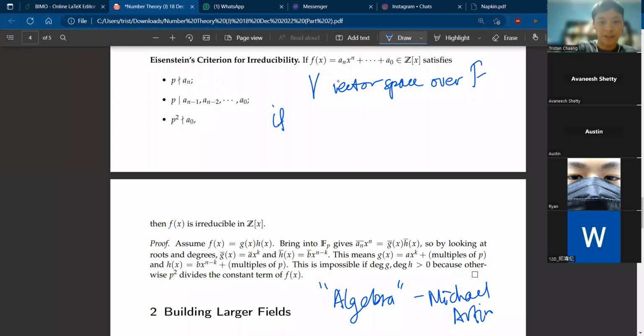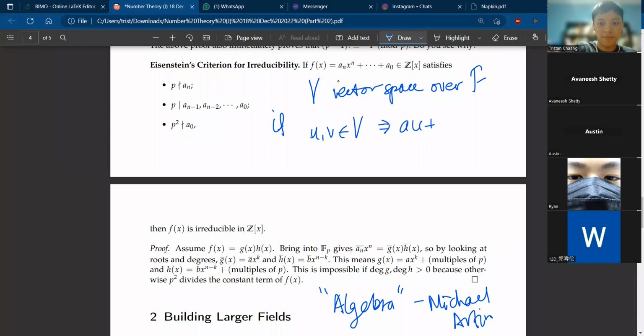So if u and v are in V, then au + bv is in V for all a and b in F. Of course, u and v are elements of V, a and b are field elements. And when we talk about vectors, the scalars are basically the elements of a field.